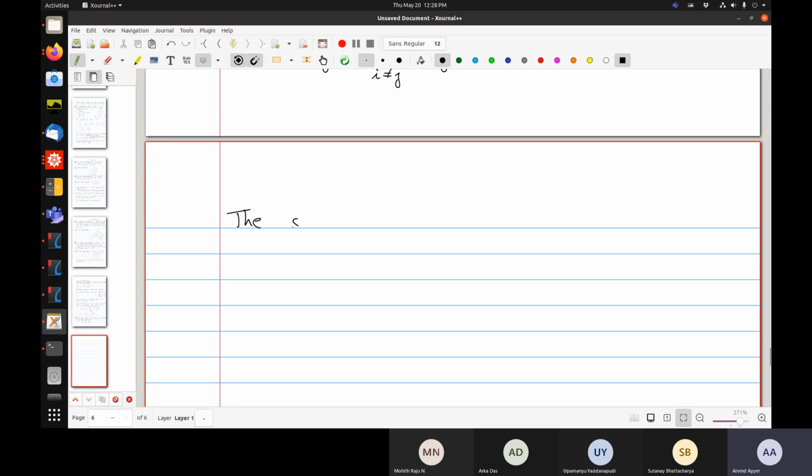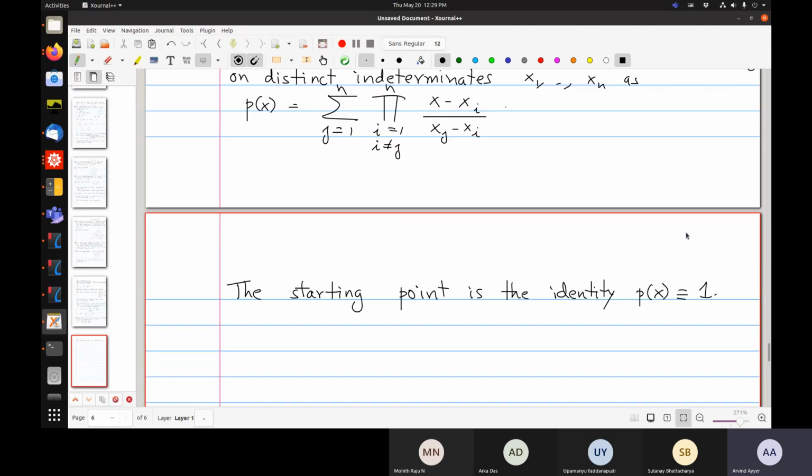The starting point is the identity: p of x is equal to 1, identically equal to 1. So it does not depend on x.